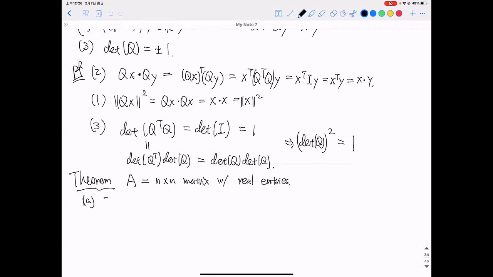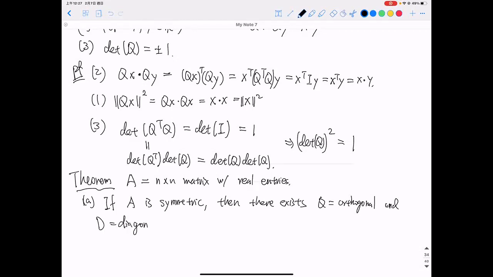Part A. If A is symmetric, then there exists Q orthogonal and D diagonal such that D is Q transpose AQ.